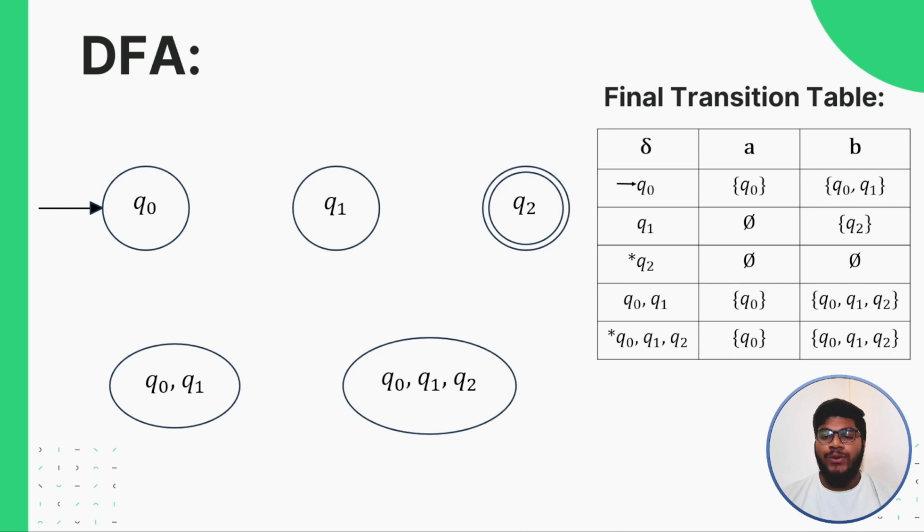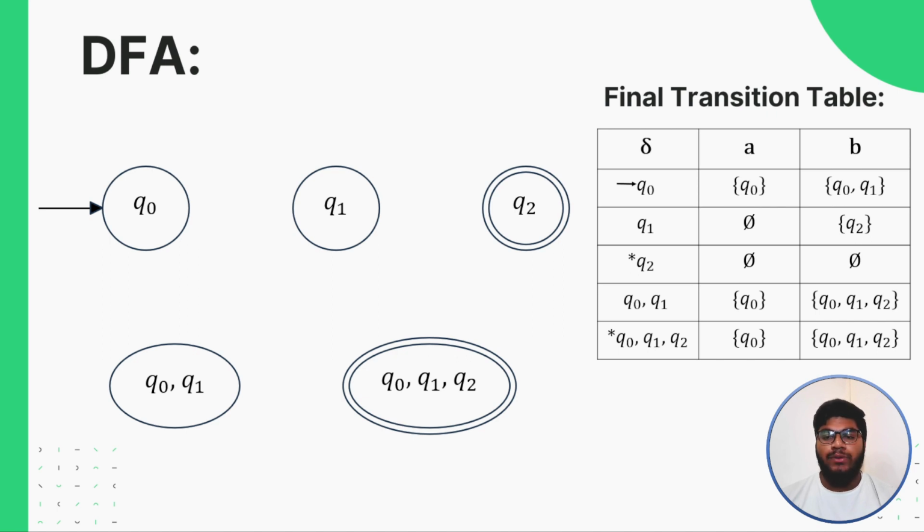Since q2 is also associated with q0 comma q1 comma q2, we take q0 comma q1 comma q2 as a final state too, and enclose it within two circles. So this completes the states.